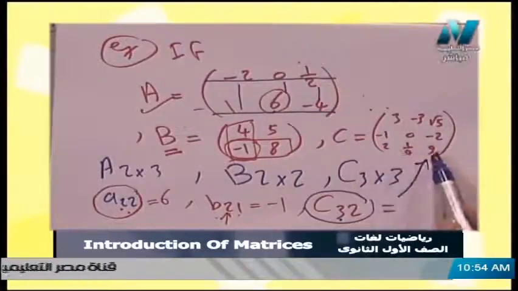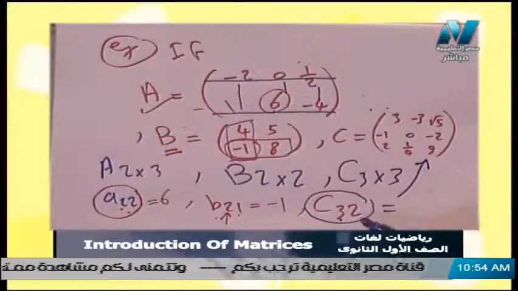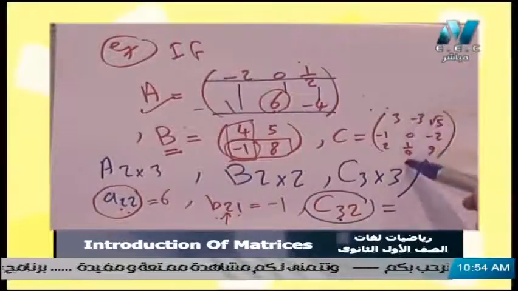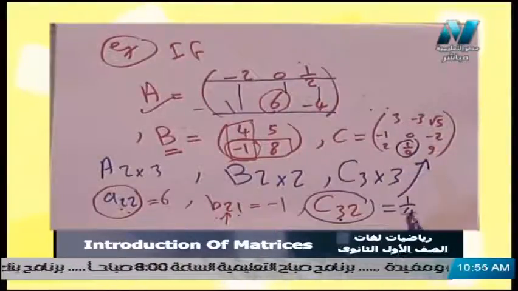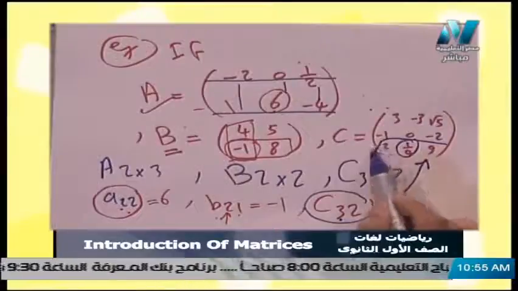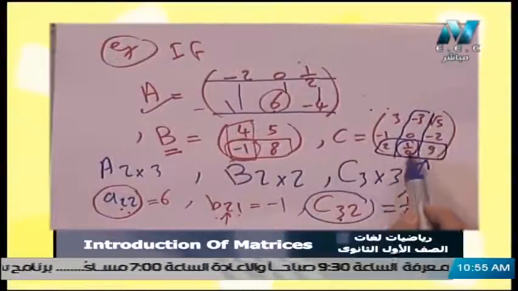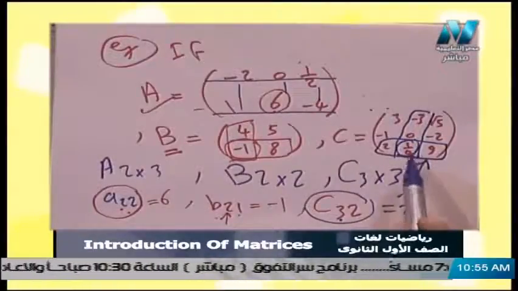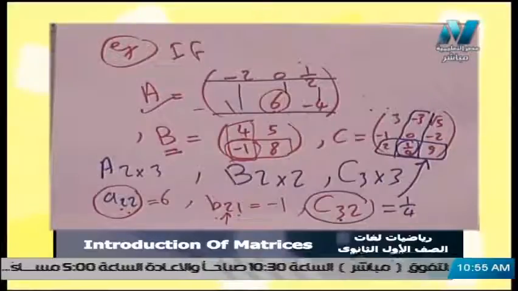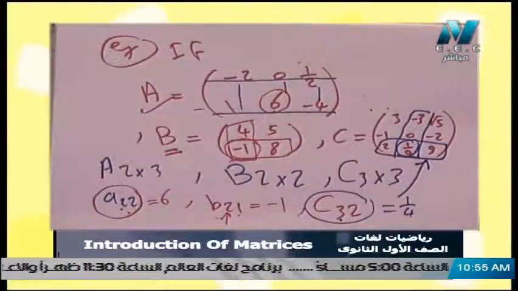Concentrate on the row number 3 and column number 2 here, so the number will be 1/4. Again, we have the row number 3 and column number 2, the intersection point, 1/4 here. So C32 equals 1/4.